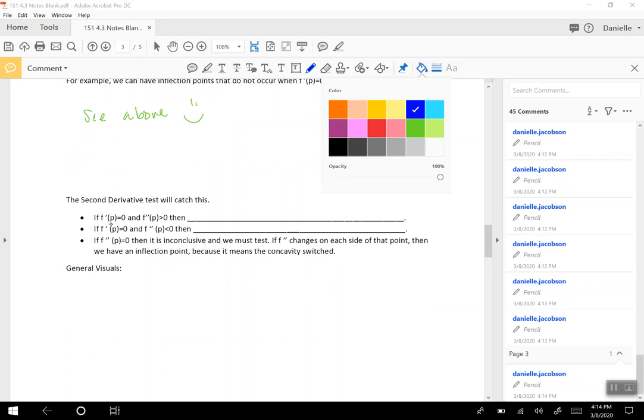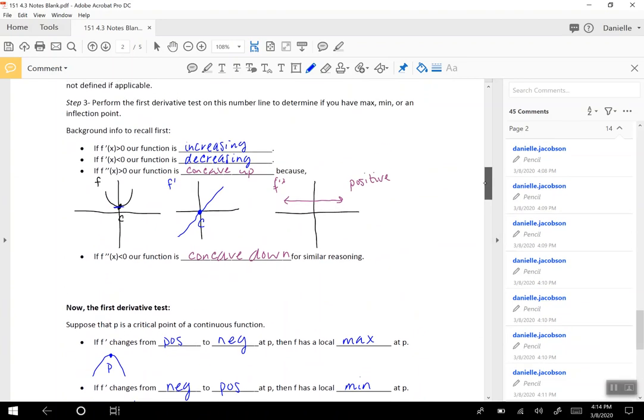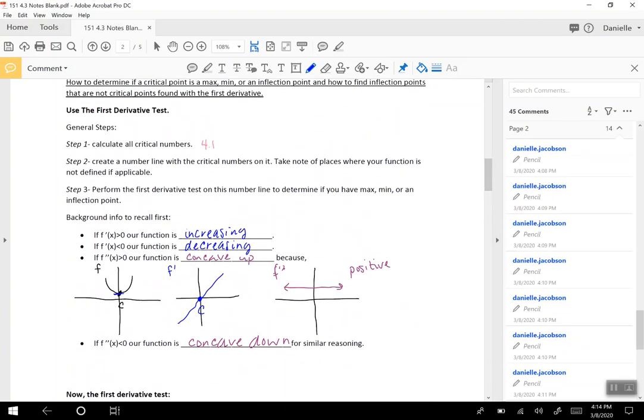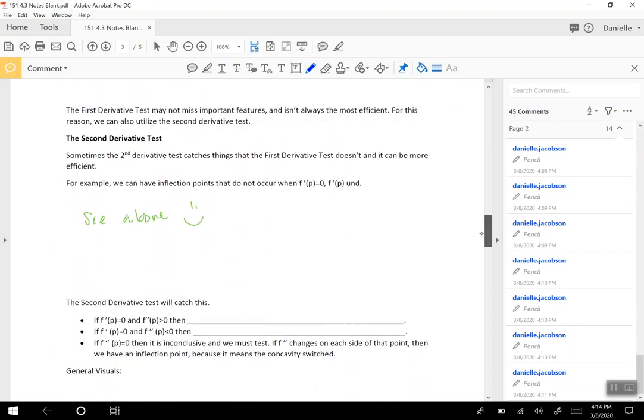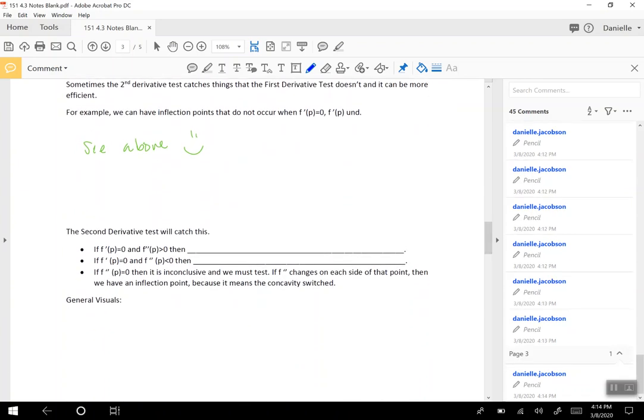So if at that point p the derivative is 0, and f double prime of p is greater than 0, we talked about that up here, our function is concave up. Okay, so that would mean that we have a local minimum. Remember, because it's concave up, you'd have a local minimum.